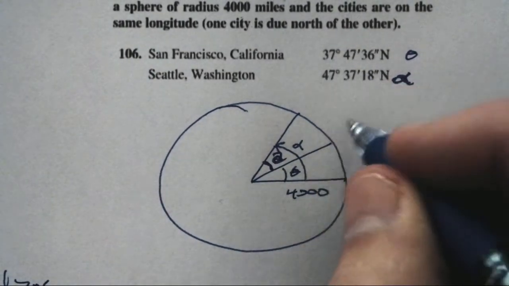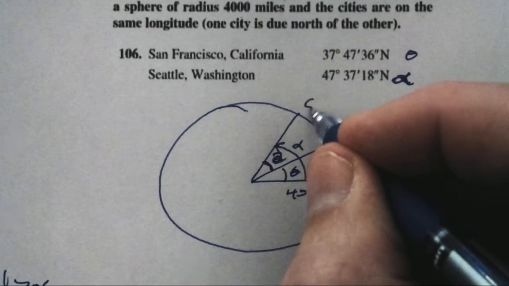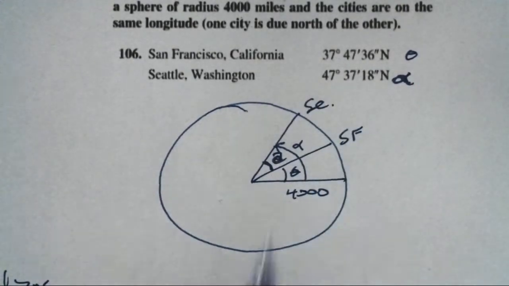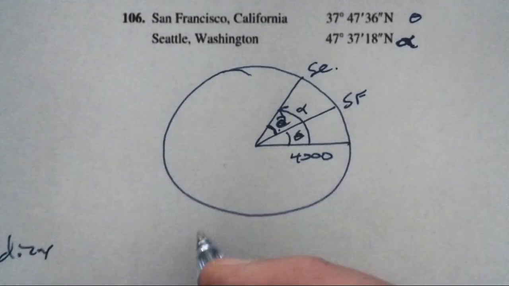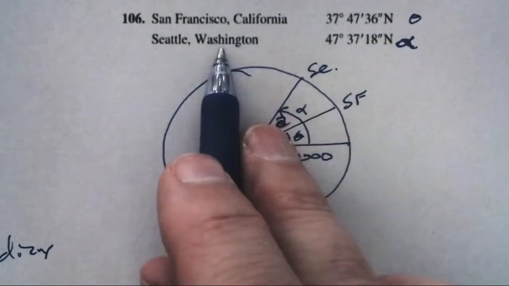Here's San Francisco. Here's Seattle. I'd like to know the angle measure between those. So A just equals the difference of these.